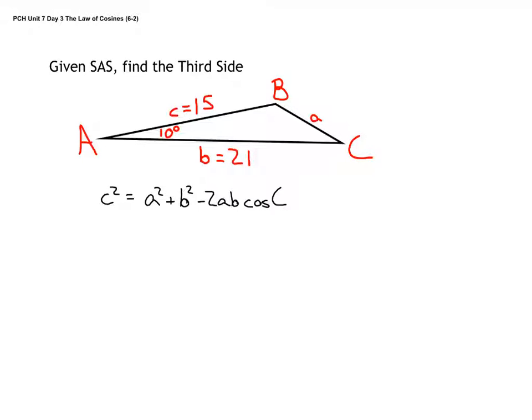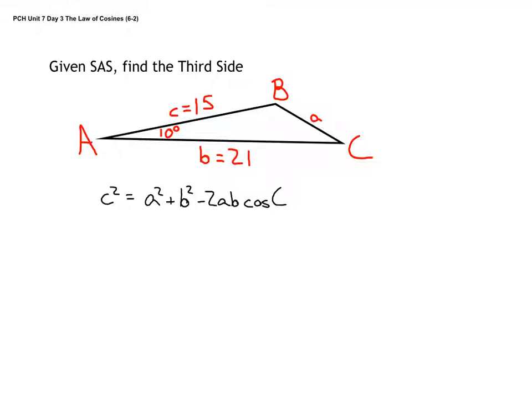And the angle where those two sides meet, the angle between them, is 10 degrees. So we have side, angle, side. That's based on just what you're given. And as a result, we're now able to figure out the length of side A.